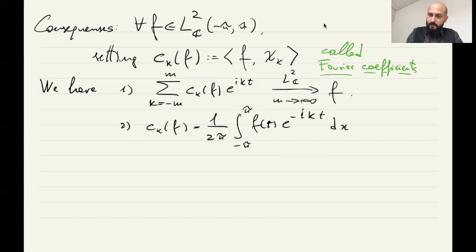And remember, here there is a minus because this is the conjugation of the second function. And the third property is that if we sum all the square coefficients, then this gives us the norm of the function.